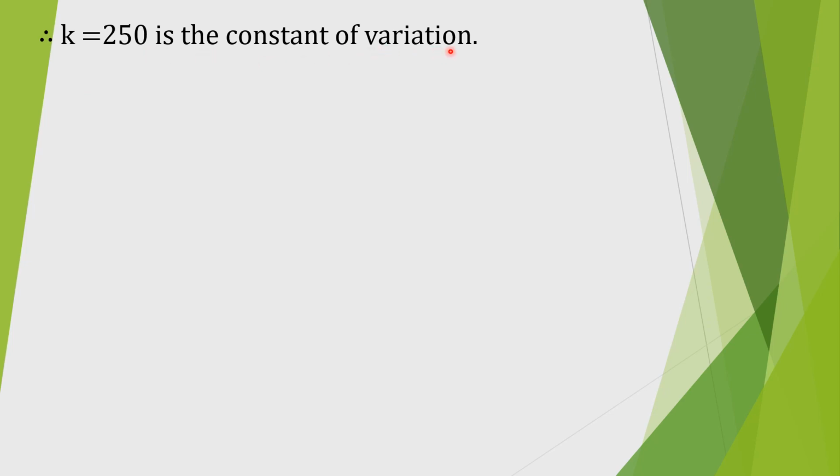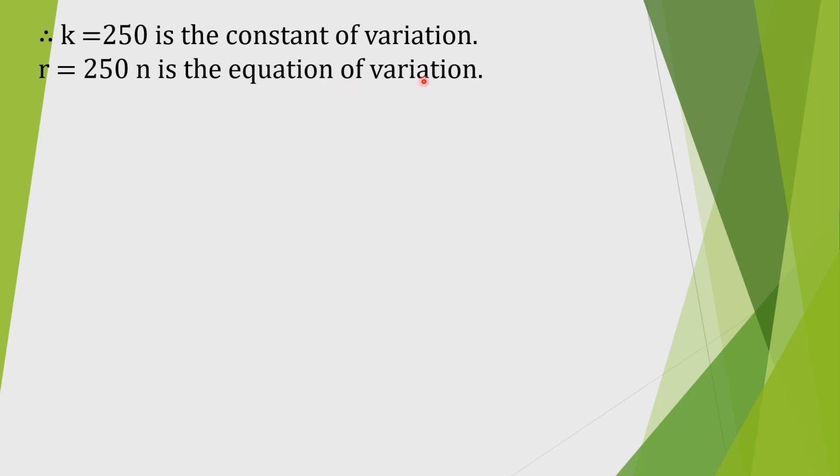Now first write down the equation of variation: R equals 250 into N is the equation of variation. Now we'll substitute N equal to 17, that is, when laborers are 17, what is the remuneration paid to them?